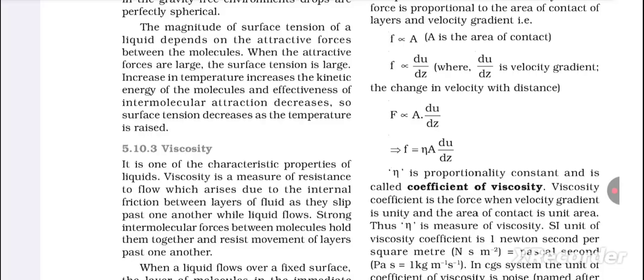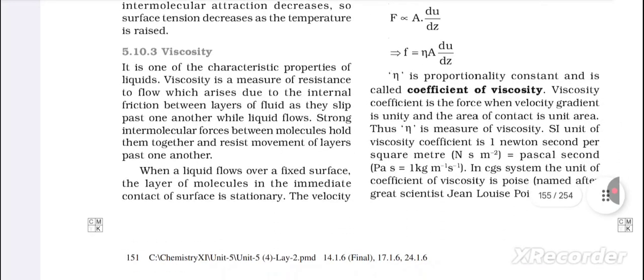The viscosity coefficient is the force when the velocity gradient is unity and the area of contact is unit area. Thus, the coefficient of viscosity is a measure of viscosity. The SI unit of the viscosity coefficient is 1 Newton second per square meter, equal to Pascal second. 1 Pascal second equals 1 kilogram per meter per second.